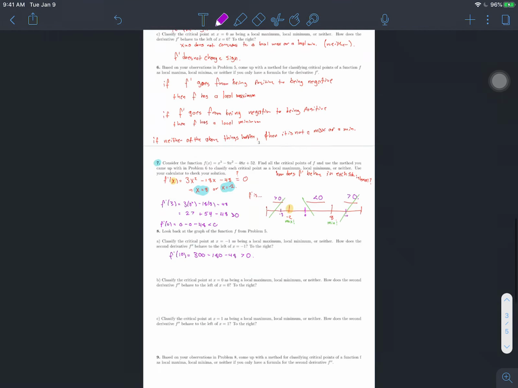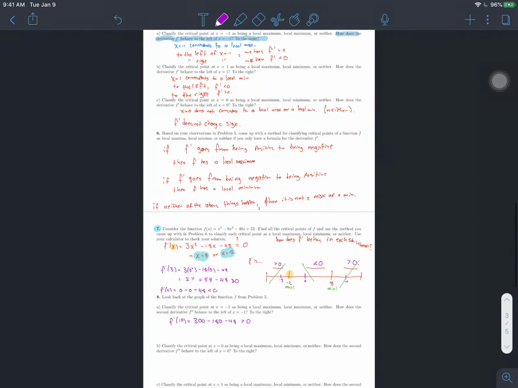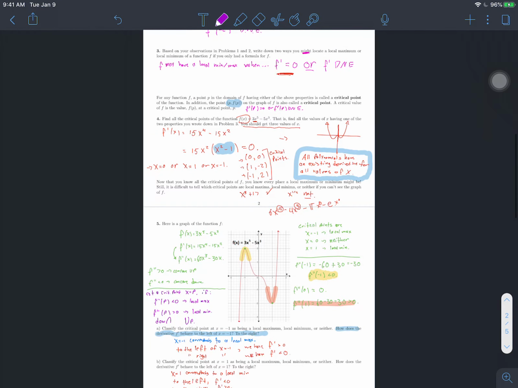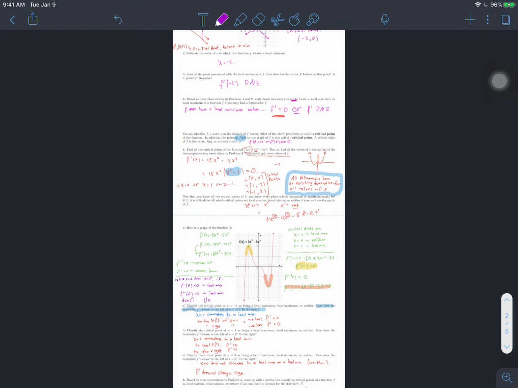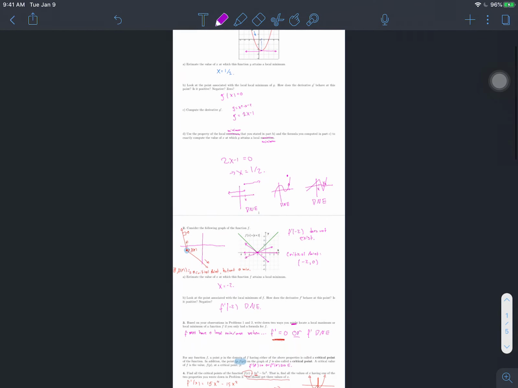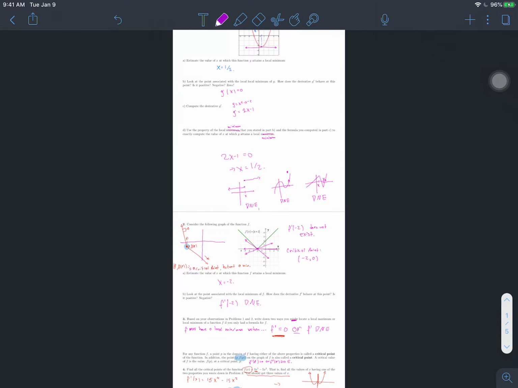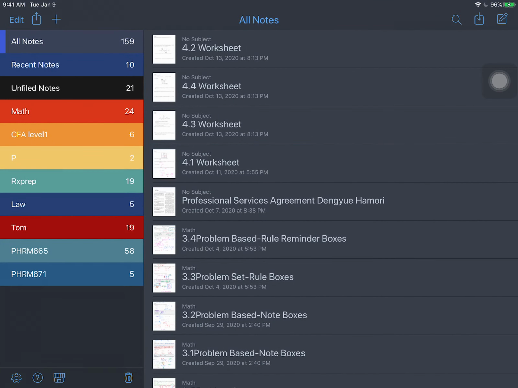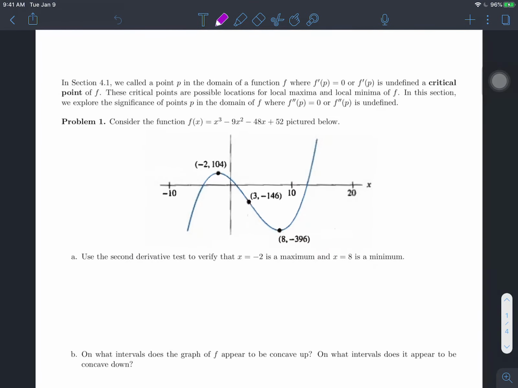Okay, so that's it for this lesson. We're going to move on to the next one, and we're going to talk about the second derivative analog of the critical points.